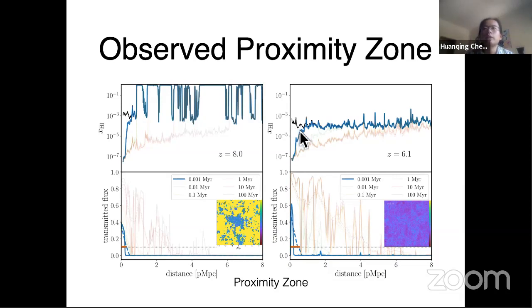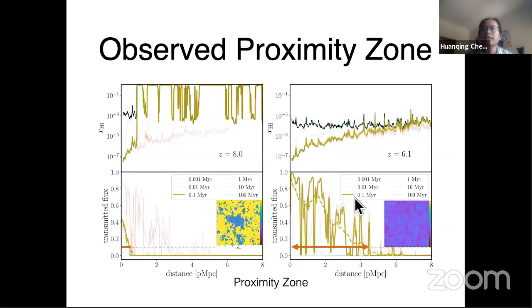And so the time scale for the quasar proximity zone to grow is set rather by the time scale for the IGM to reach a new ionization equilibrium. So I put them side by side to show you how this proximity zone evolves.